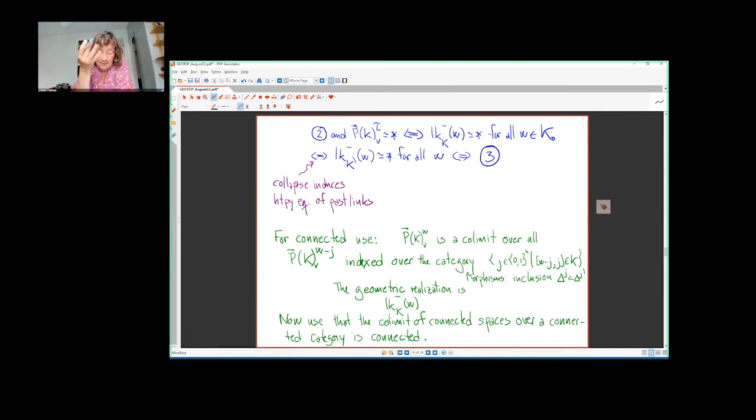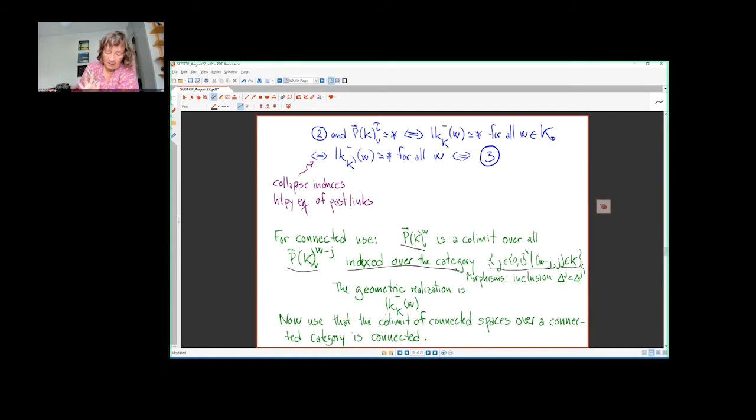But then, as I said before, you formulate this way, that this path space is a colimit of all path spaces just before, and the index category is, again, this category here, which gives you the path link if you geometrically realize it.